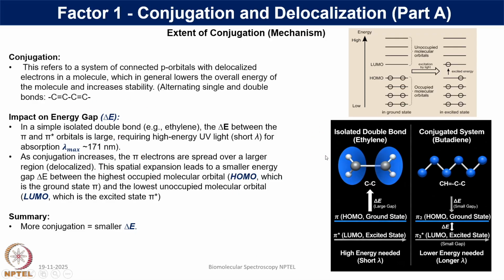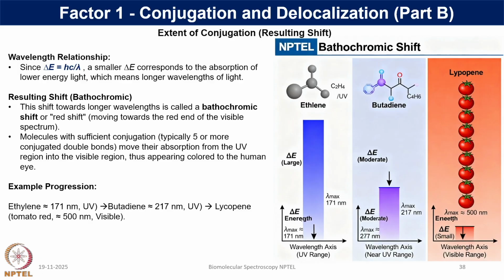In the case of conjugated systems, if conjugation increases, the pi electrons are spread over a large region, that means delocalized. Similarly, in a pi ring it is delocalized. This spatial expansion leads to a smaller energy gap, that means delta E has decreased. So, if delta E decreases, the h nu that you need is lesser, nu lesser, frequency lesser, wavelength more, and that absorbs at a higher wavelength, right.